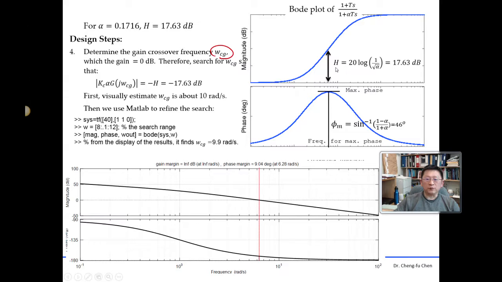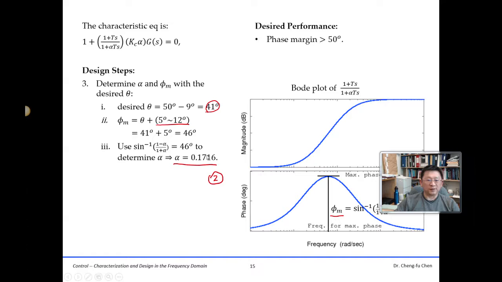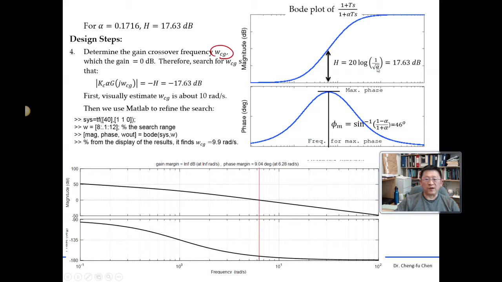In this step, you first have to determine H, which is based upon alpha. Alpha is previously determined here, so you have alpha in place and can determine H, which is 17.6 decibels.